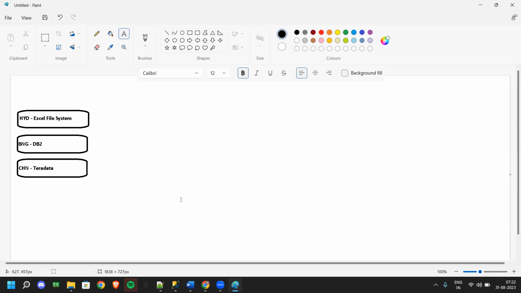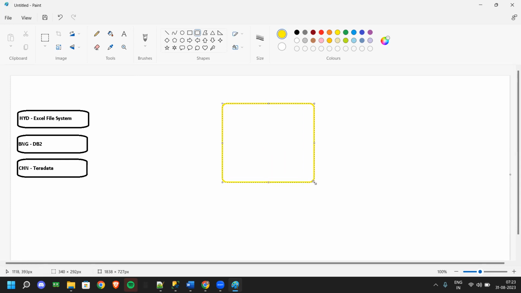In that case, you need to combine all three systems' data into one system. I'm going to configure a new server. This is my server where I'm going to have all three branches' data in one system.